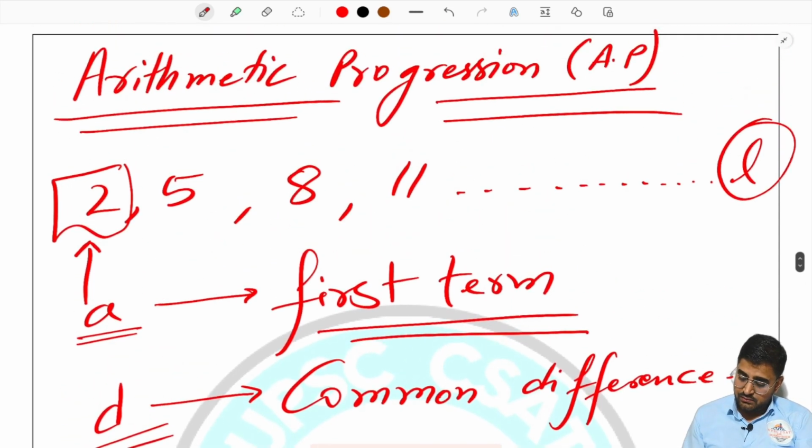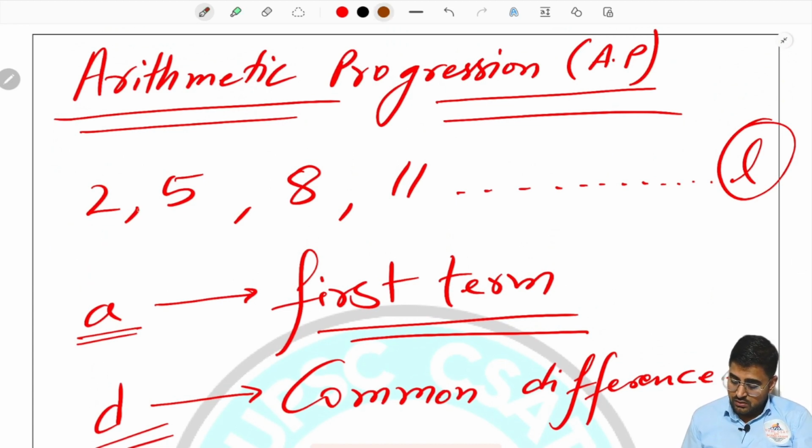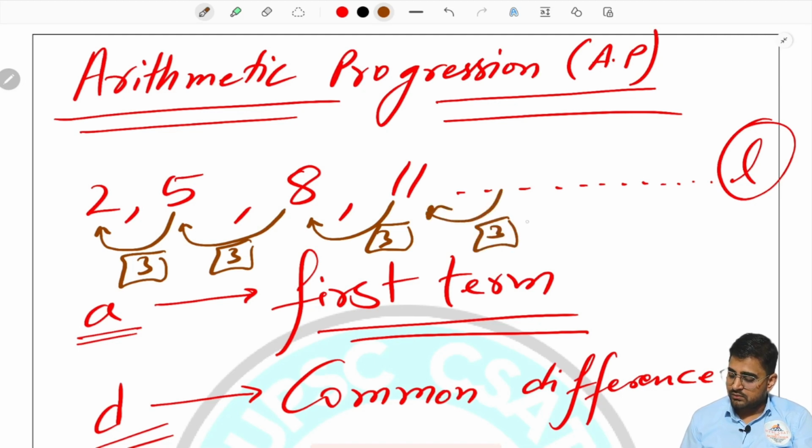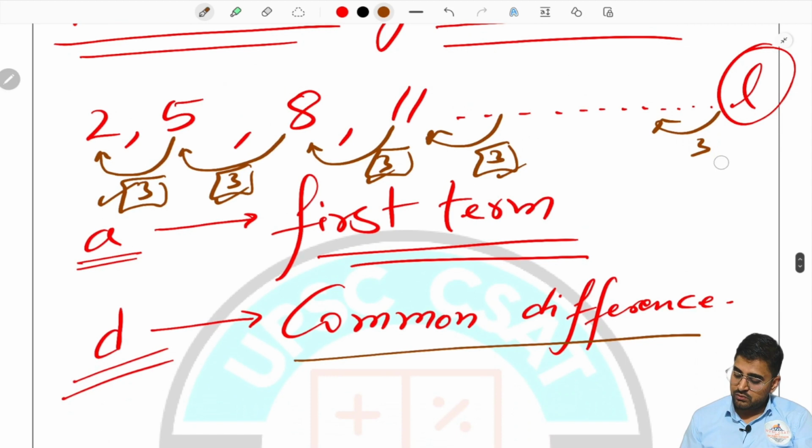For example, the difference between 5 and 2 is 3, between 8 and 5 is 3, between 11 and 8 is 3. This difference is common in the whole series, so it is known as the common difference.